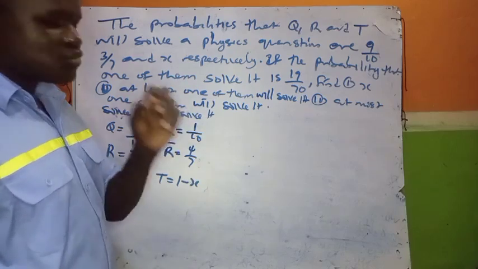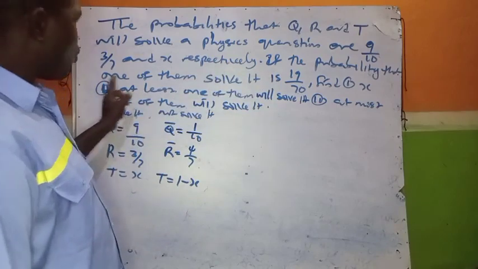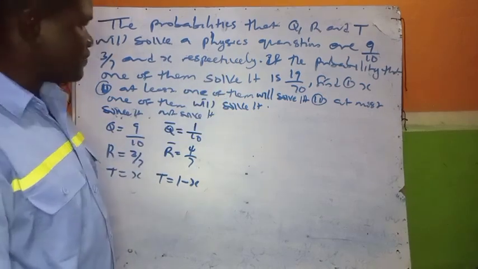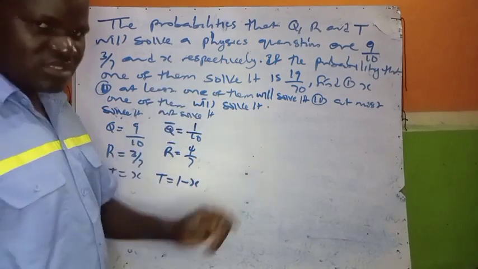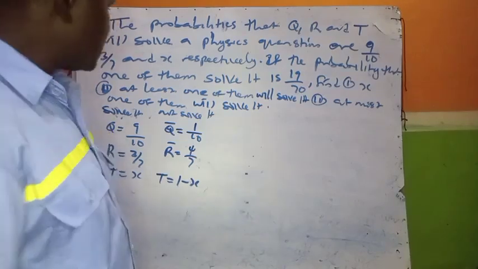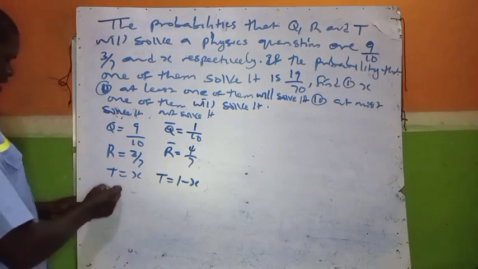Now, what they have to calculate is, find x if the probability that one of them solves it is 19 over 70. They don't tell you a particular person that solves it.